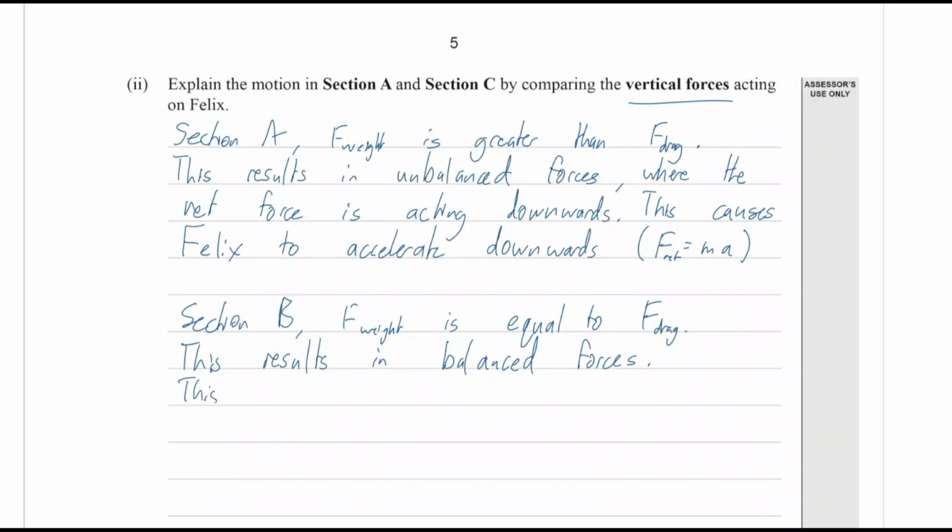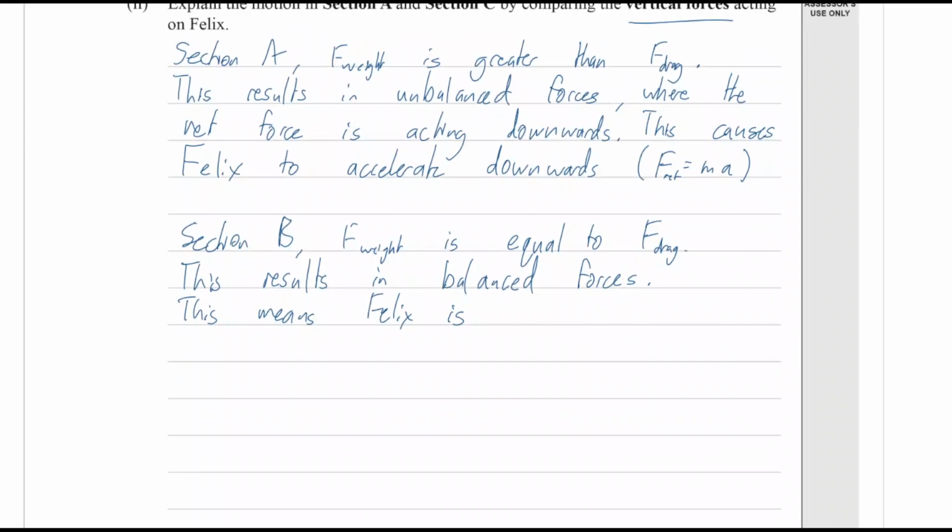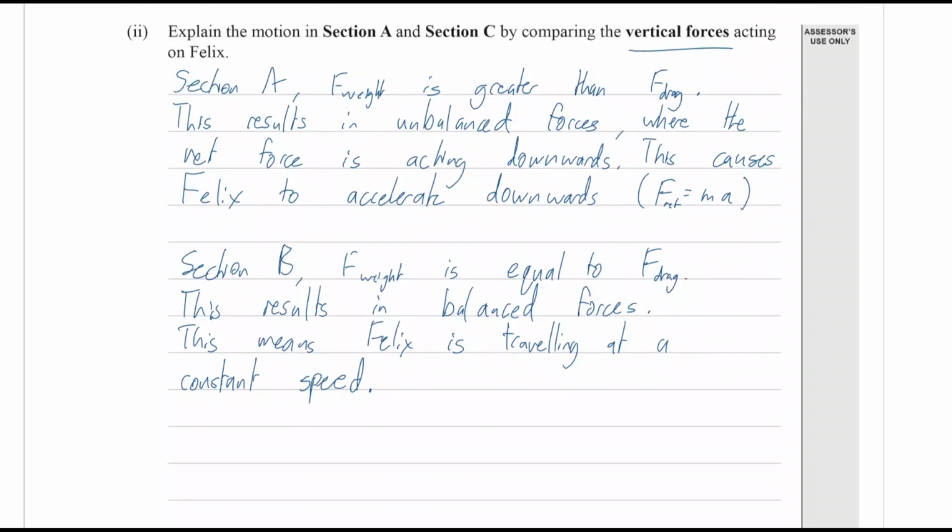And then this means Felix is either stationary or traveling at a constant speed. But we can just say, from this context, he is traveling at a constant speed. And we actually know from the speed time graph that that was 350 meters per second, but we don't need to mention that here because we're just explaining the motion, linking it to the vertical forces.